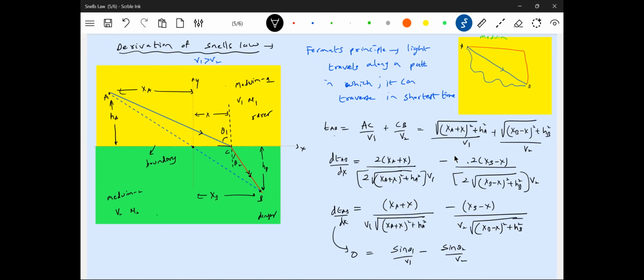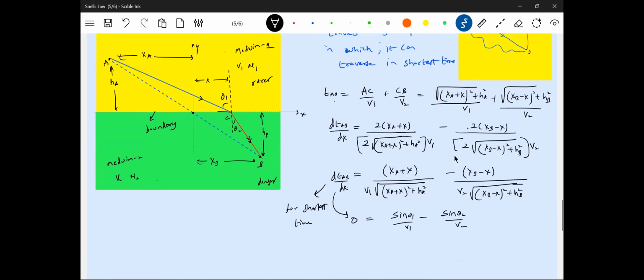Because we are searching for the minimum time, or for the shortest time, it should be equal to 0. So finally we landed with the equation sine theta 1 by v1 equal to sine theta 2 by v2.